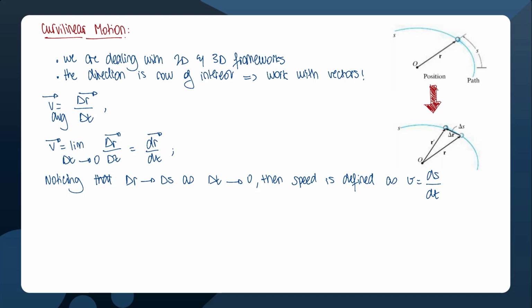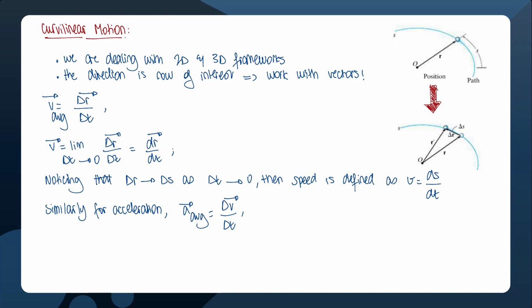Now, similarly for acceleration, the vector a average, which is the average acceleration, is equal to the change in velocity, delta v, divided by delta t. Again, we're working with vectors here.